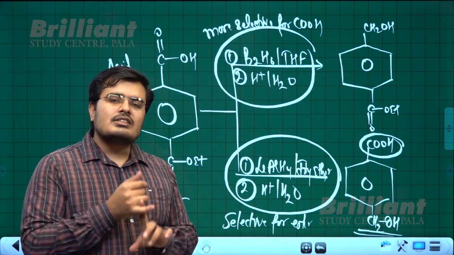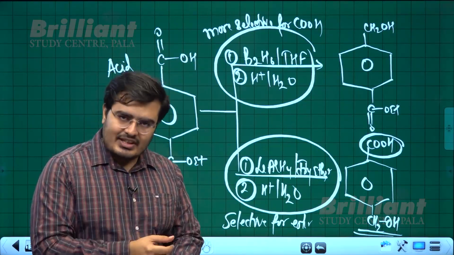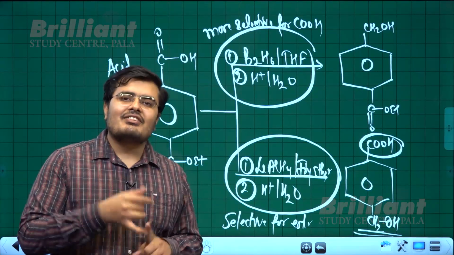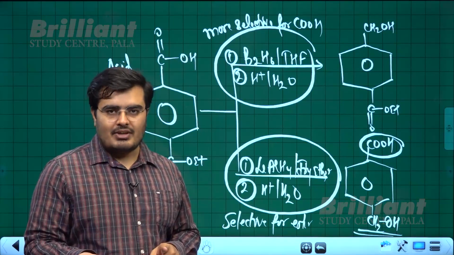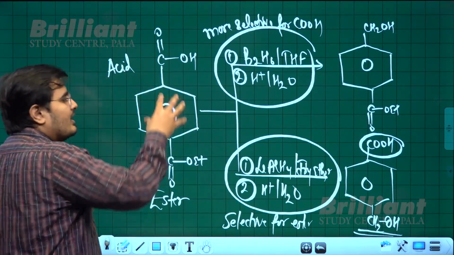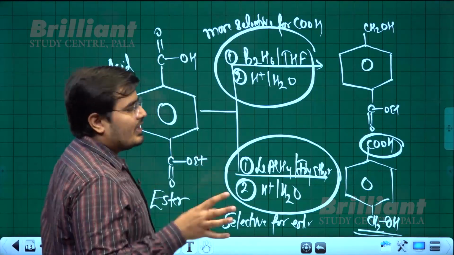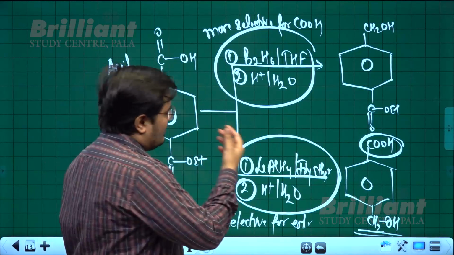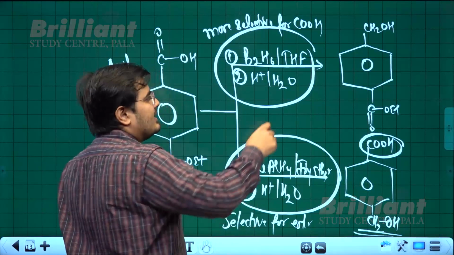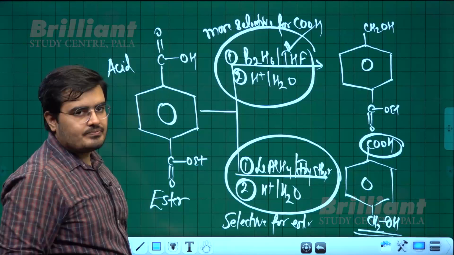So yes, lithium aluminium hydride reduces a carboxylic acid also, it reduces an ester also. But when both of them are present together, you will understand which is more reactive towards lithium aluminium hydride. That is the overall idea here: if ester and acids are present together in the substrate, then esters will be reduced with lithium aluminium hydride, whereas a more selective reagent for the reduction of carboxylic acid group is diborane.